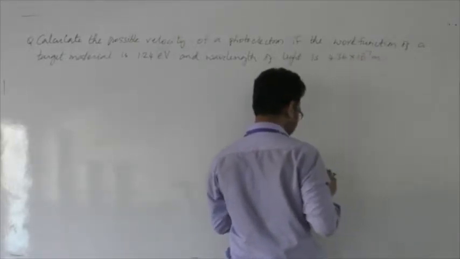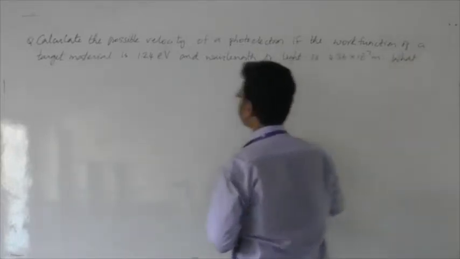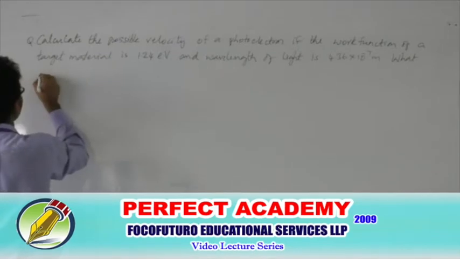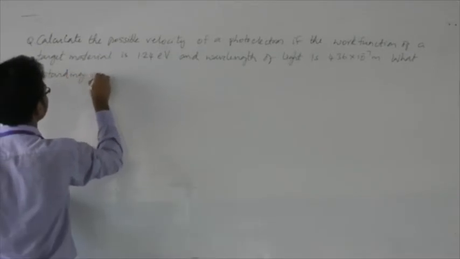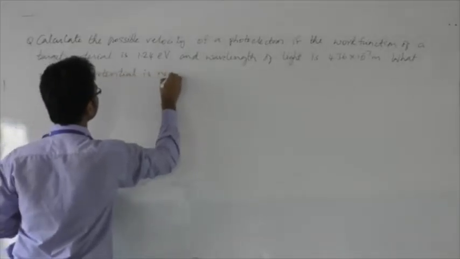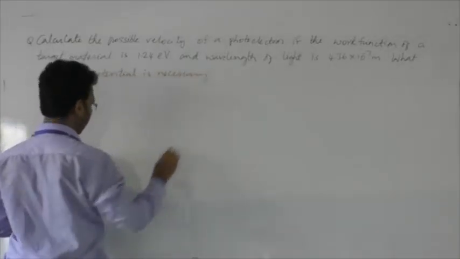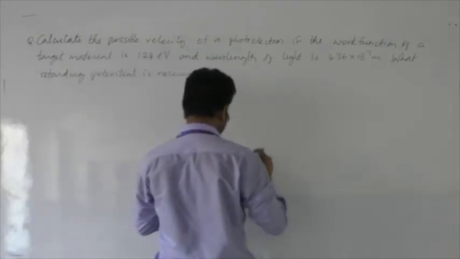What retarding potential is necessary to stop the emission of electrons?